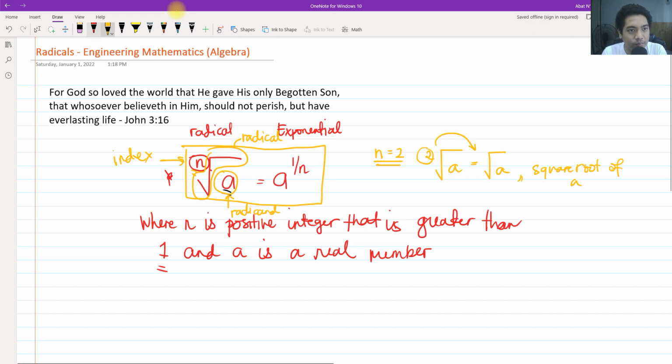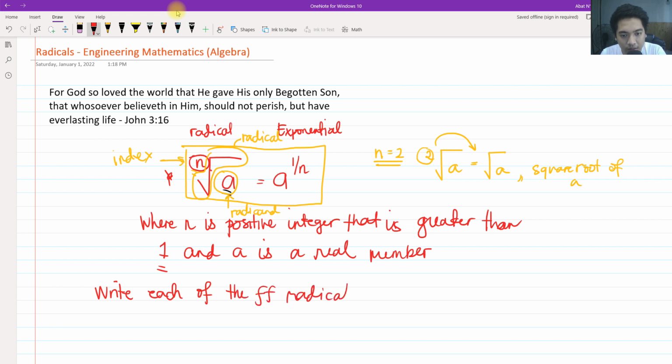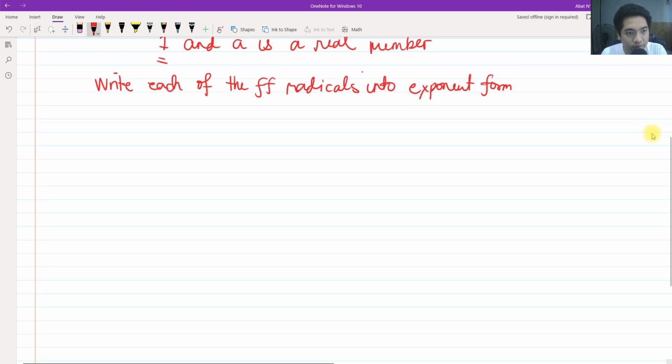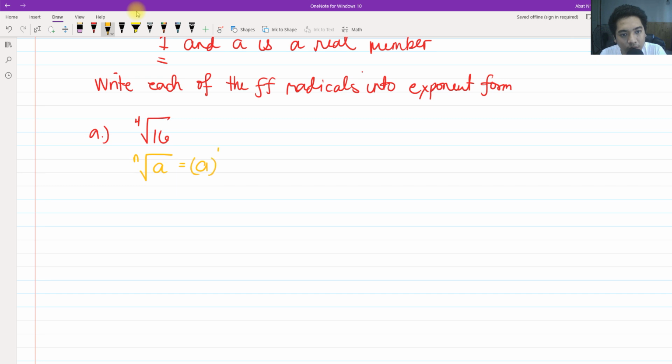Now, let's try to solve some problems. Write each of the following radicals into exponential form. First on our list is the fourth root of 16. How do we do this? From what we have seen a while ago, the nth root of a equals a raised to 1 over n.